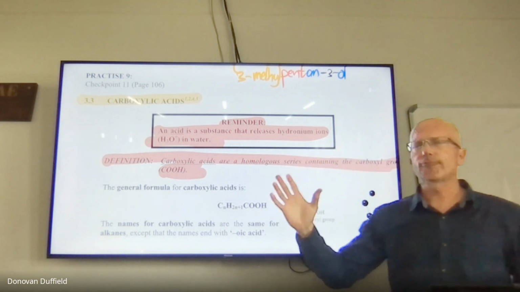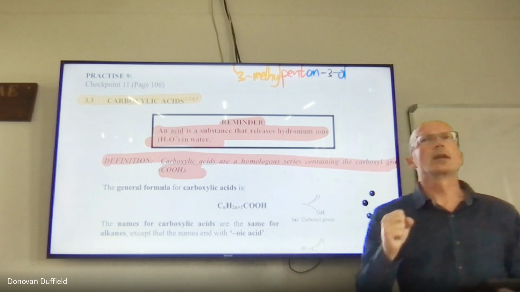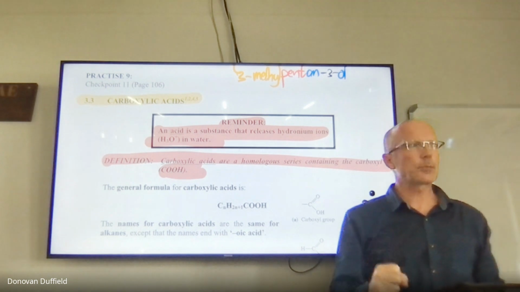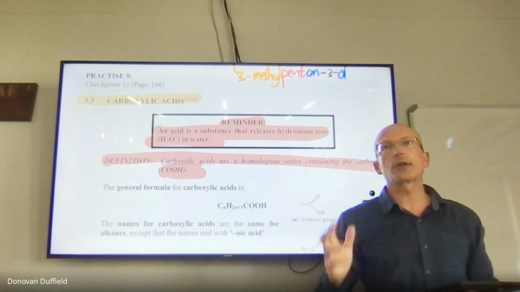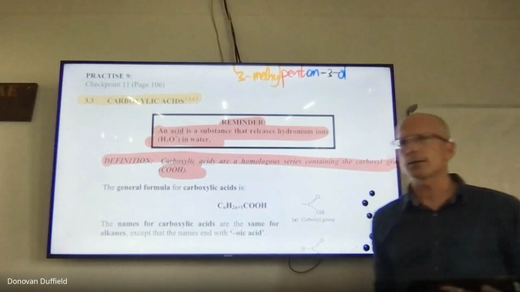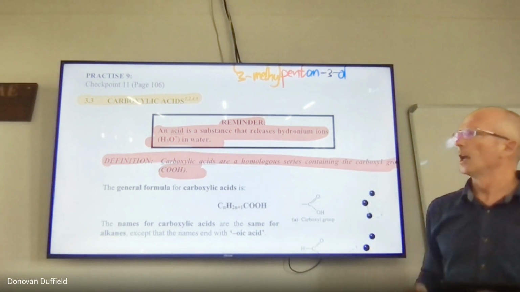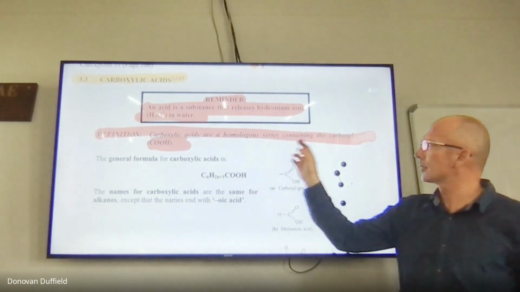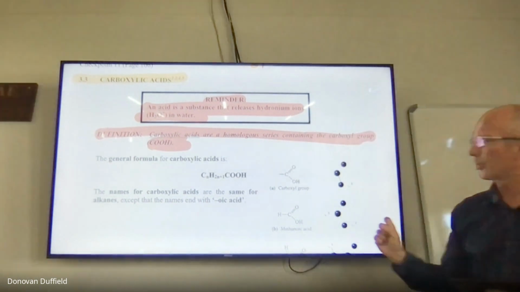But for now, it's good to know that an acid is a substance that releases hydrogen ions in solution, producing hydronium ions. Carboxylic acids are a homologous series containing the carboxyl group.